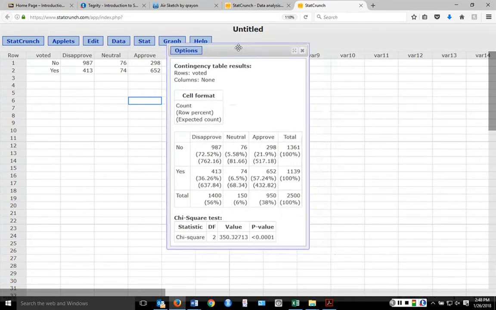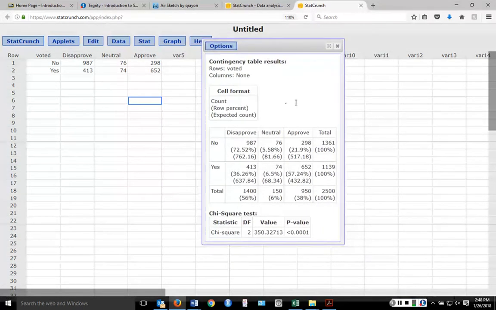So here's the output I get. This output is on the last page of the notes that you have. The first thing we have is a cell format, which tells me what each of the three numbers in a cell are. The first one is the count, or the observed count, the actual data, the same numbers I put in here. The second thing, in parentheses, is the row percentages.